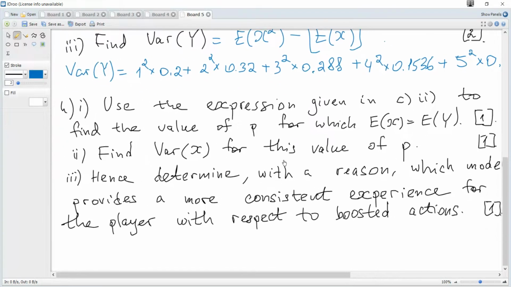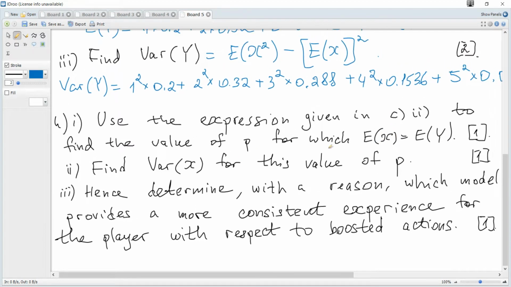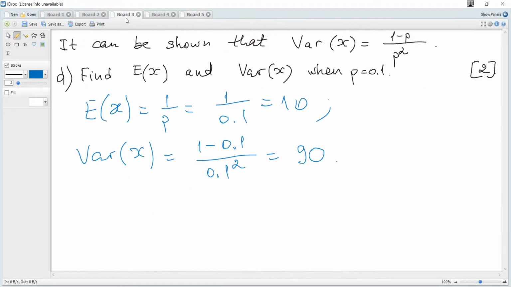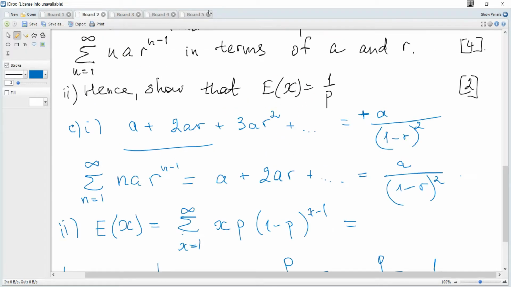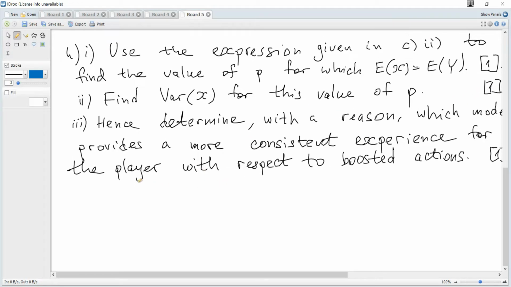The next, use the expression given in part C(ii) to find the value of p for which E of x is equal to E of y. E of x, it's 1 over p. Is this 1 over p, and we need just find the value of p, and you can see that there is only one mark, so it must be very easy.